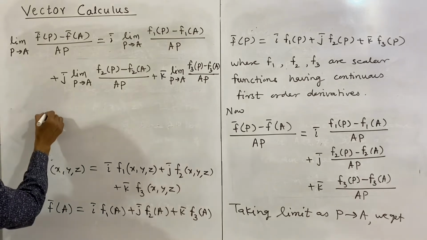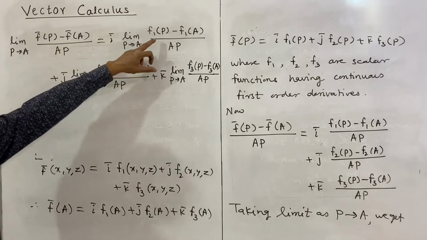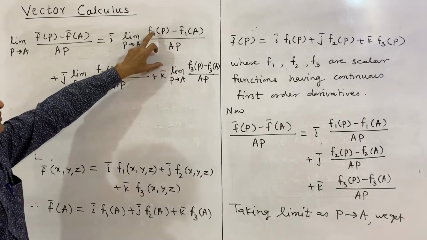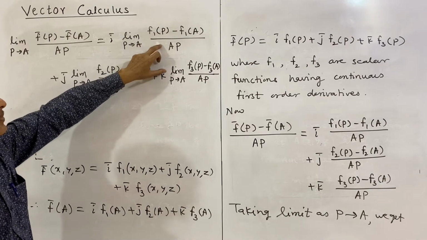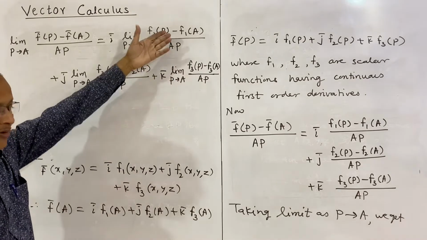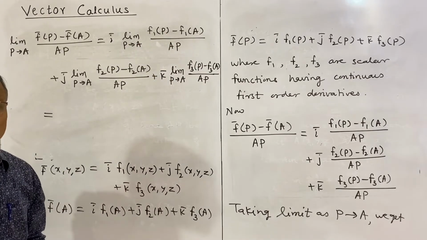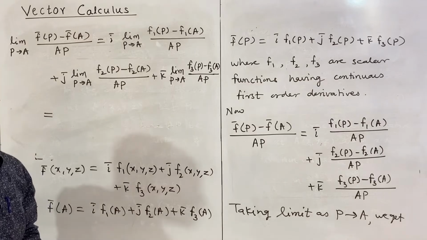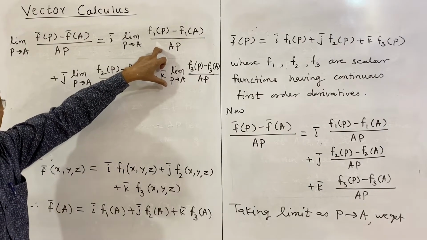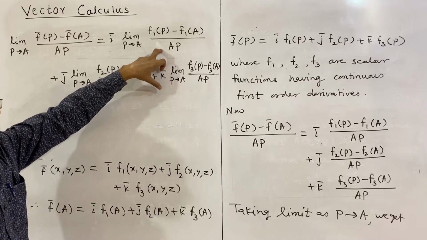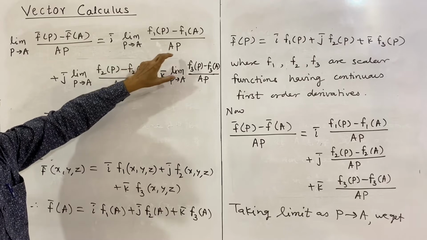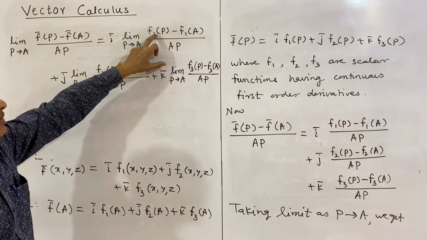Now f1 is a scalar point function, and this limit will be the directional derivative of the scalar point function f1 at A along the line AP, and we have obtained that result earlier. The directional derivative of a scalar point function phi along a line AP is l dou phi by dou x plus m dou phi by dou y plus n dou phi by dou z, and instead of phi here the scalar function is f1.